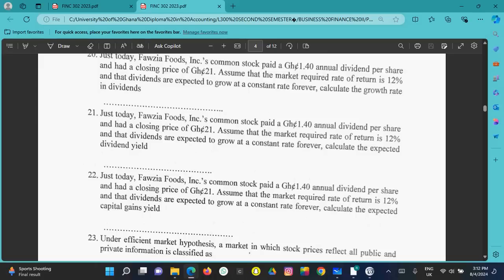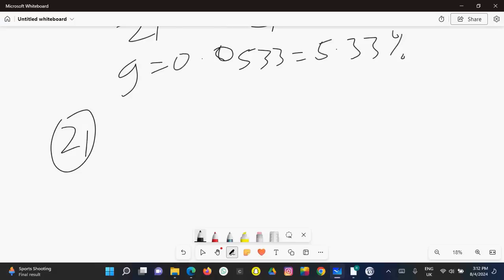Calculate the expected dividend yield. Remember, the same thing again: R is equal to capital yield plus dividend yield, and we have R here already.